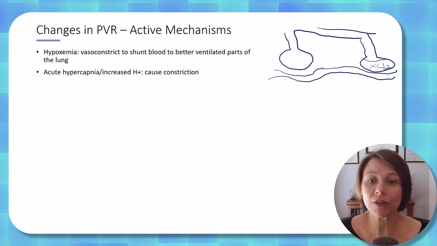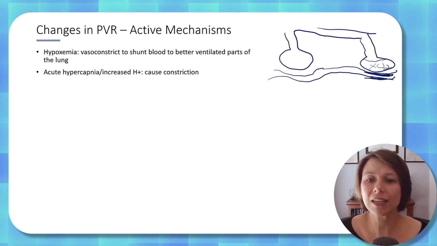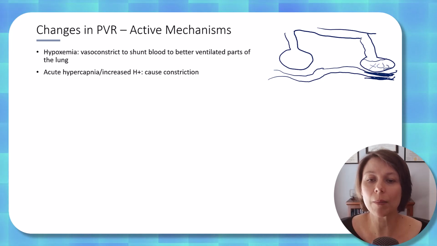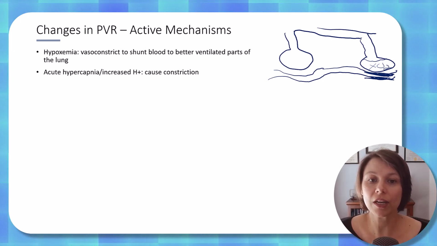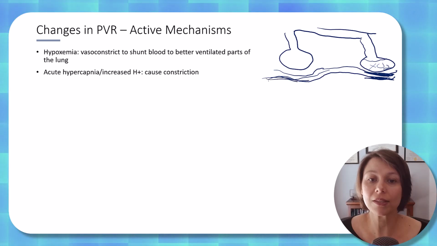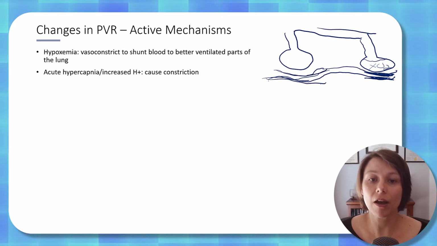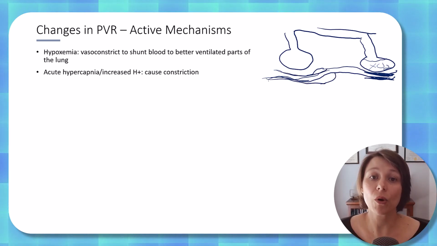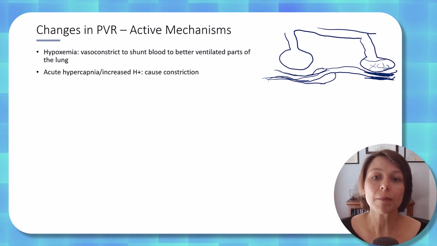So the blood vessels themselves are going to start to vasoconstrict because it says, hey, there's nothing here for me to pick up, and there's more over here. So that will allow there to be more blood flow going through this section of the lung, but basically help compensate for that decreased oxygenation.